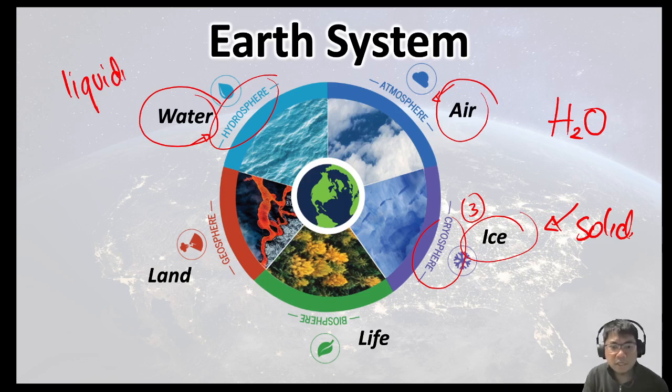And then the next one here is the biosphere, and the biosphere refers to any living organisms that are found on the surface of the earth, and that would include vegetation and animals, as well as us, right, humans. And last but not least is the geosphere.